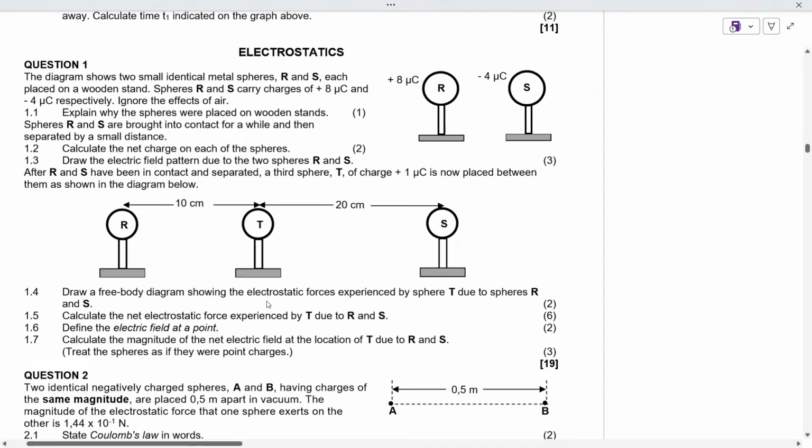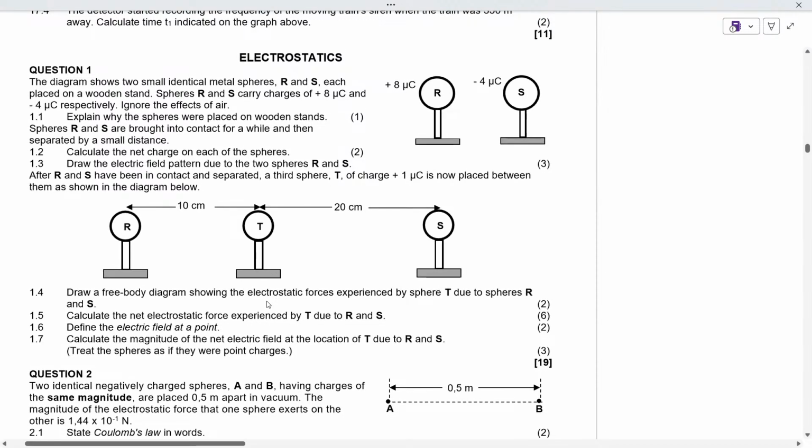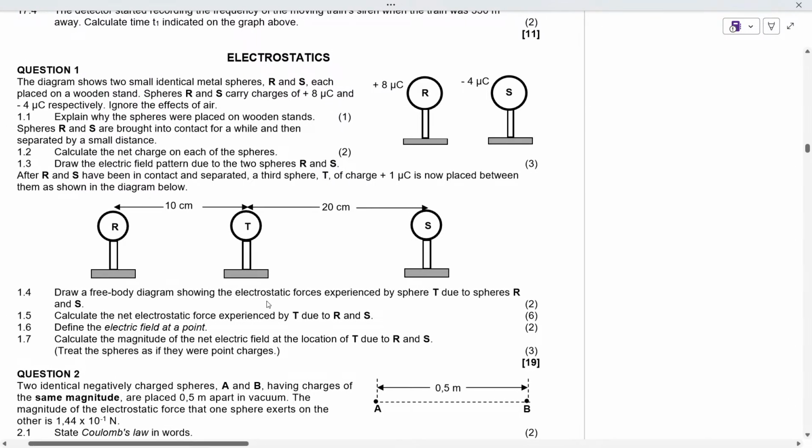Okay, you can read. It says the diagram shows two small identical metal spheres, R and S, each placed on a wooden stand. Spheres R and S carry charges of +8 and -4 coulomb respectively.